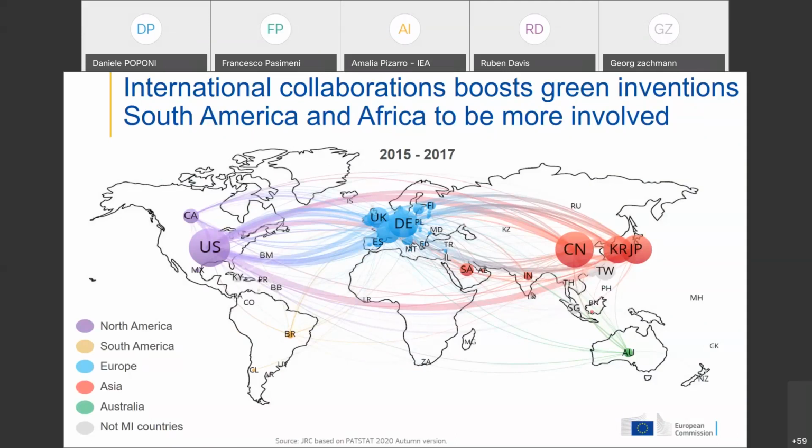But we also see that countries in South America and Africa should be somehow more involved in developing green technology in order to increase capability and also diffusion of green technologies.